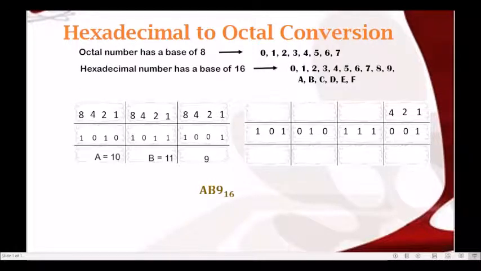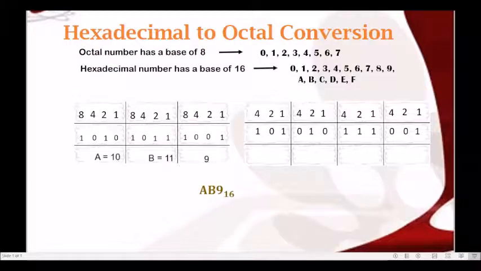For the next group, we will also be using 1, 2, and 4 as our index. Same with the next group. And for the last group, we shall also be using 1, 2, and 4 as our index.